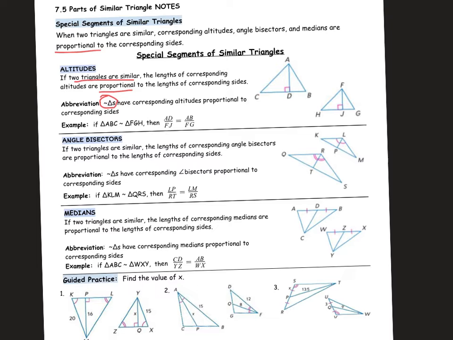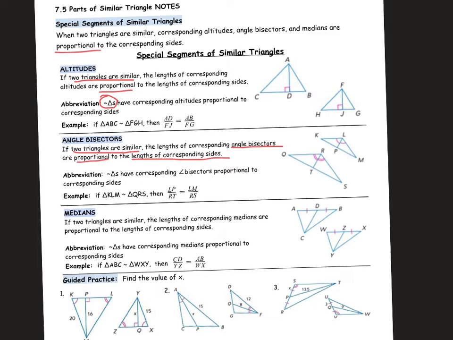Angle bisectors are going to have a, no pun intended, similar function. If two triangles are similar, the lengths of corresponding angle bisectors are proportional to the lengths of the corresponding sides. So if the triangles are corresponding, the bisectors are proportional.